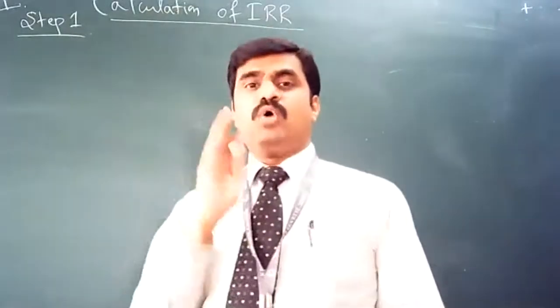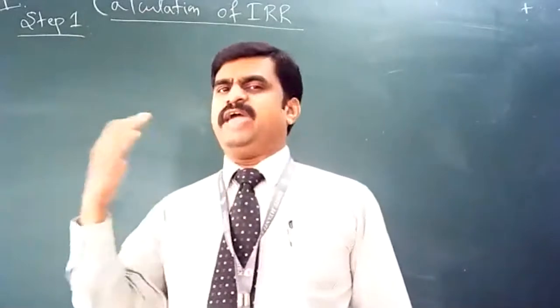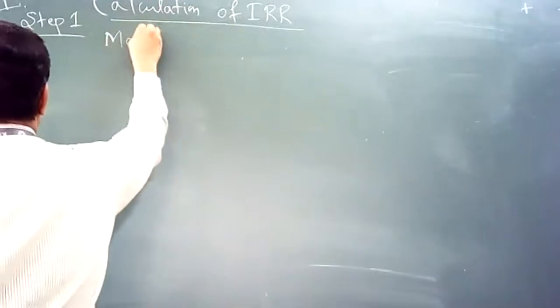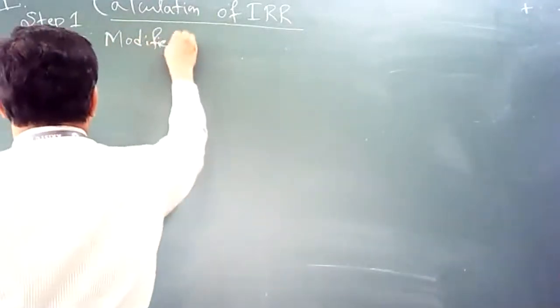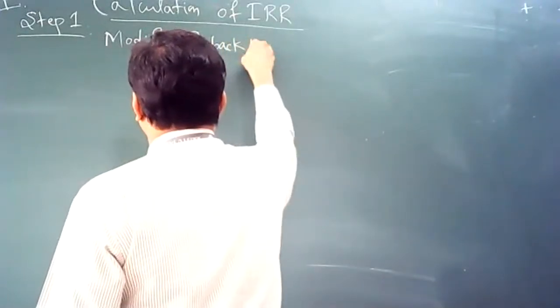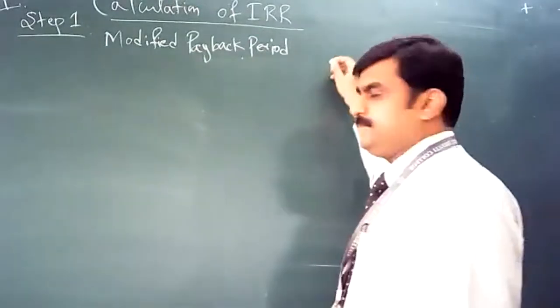We have to use the modified payback period. In other textbooks it is also called the phase payback period. So write down modified payback period. What is the formula?